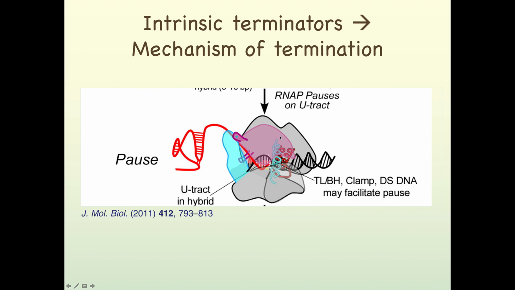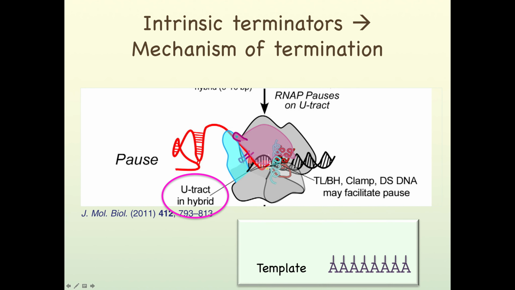So what happens is the RNA polymerase will pause eventually after transcribing the open reading frame, and this occurs at a particular sequence. In this case, this occurs at the poly-U tract. And so the majority, or the entirety, of this RNA-DNA hybrid is made up of A's in the template and U's in the newly synthesized RNA.